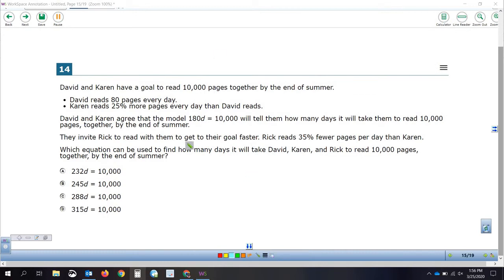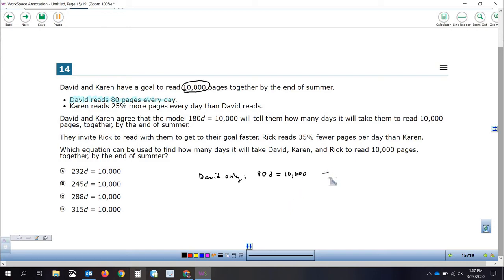All right, so we're going to start with David. David reads 80 pages per day. If it was just David reading and he had to read 10,000 pages, if we were going to write an equation for David only, he would be reading 80 pages every day, so 80 times D, and it would have to equal 10,000.